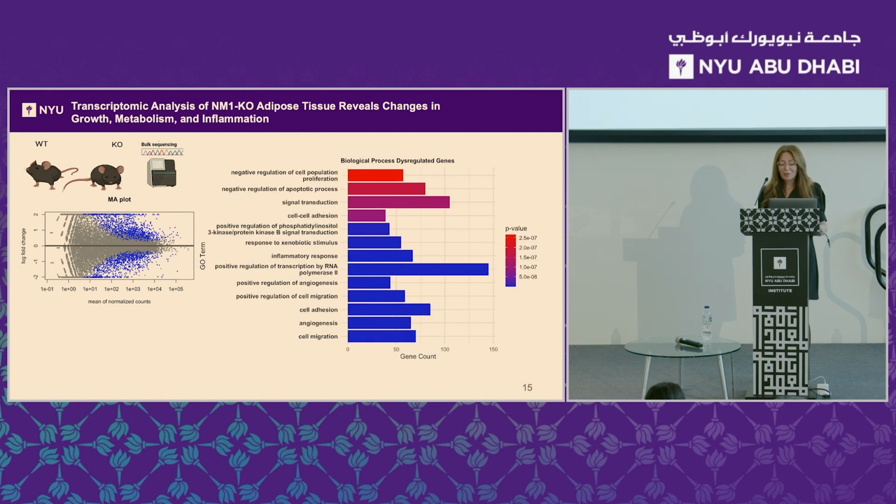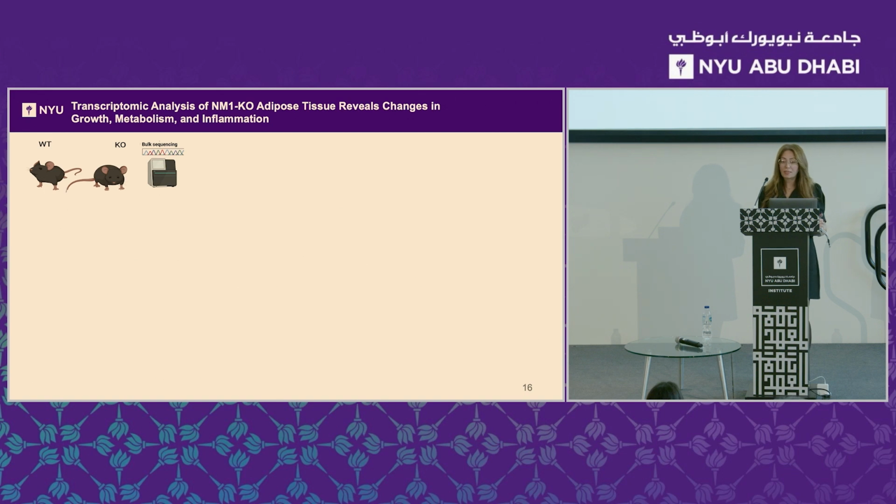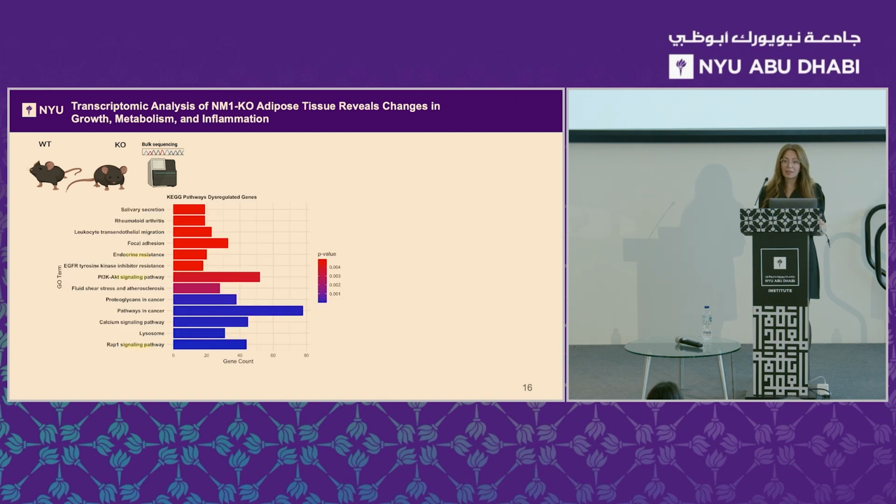And we looked at the gene ontology, and we noticed interesting GO terms like PI3K-AKT signaling, inflammatory response, and angiogenesis are enriched, which are showing some tissue remodeling. Further, we looked at the KEGG pathways, and here again there are some interesting pathways like endocrine resistance, again PI3K-AKT signaling, and RAP1 signaling, which is showing a shift in cellular metabolism.